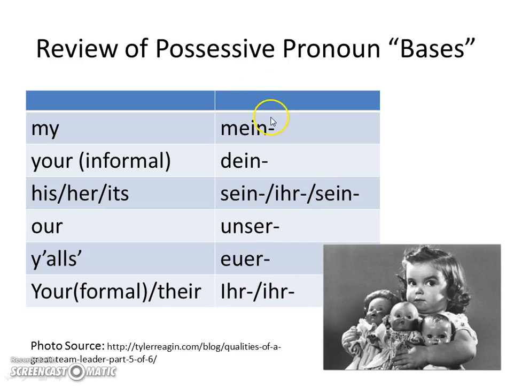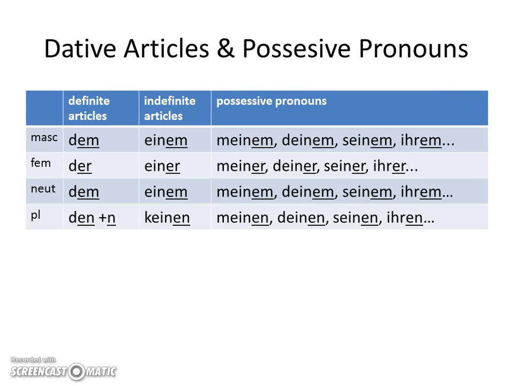And I have dashes on the end of these because you're going to be putting dative endings on these. Remember, an em is going to go to the end if it's a man receiving something, an er if it's a woman receiving something, or an en if it's plural, a group of people receiving things.